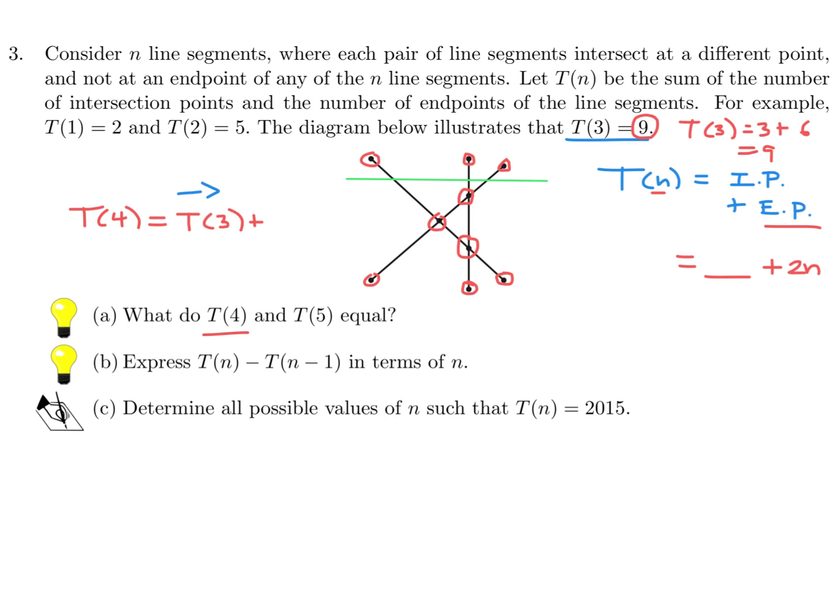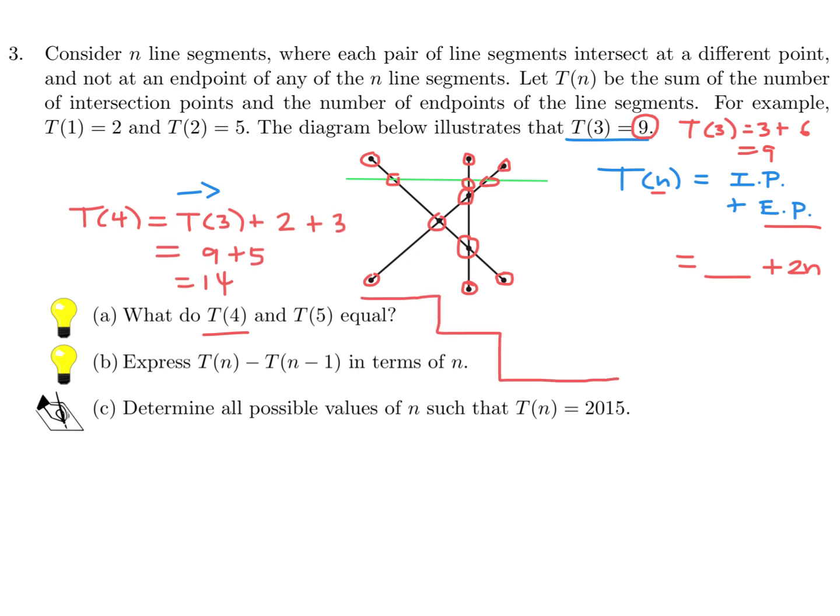And that plus something is really what is the key. The first plus, of course, is the endpoints, and this green line has 2 endpoints. And the next plus is the new intersections. Now, since my green line is crossing the 3 previous lines, there's going to be 3 new intersection points. So I'll put a 3 there. And that is how you do it. So this will be 9 plus 5, which of course is 14. So T4 is 14.